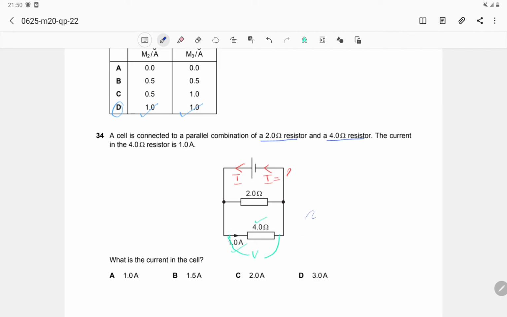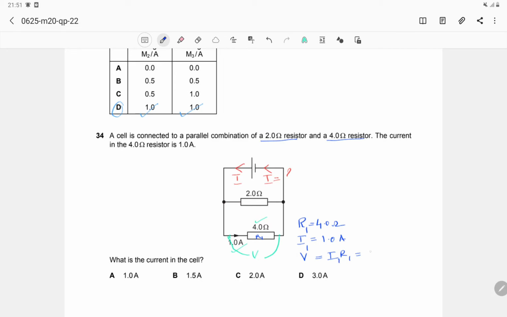For the 4 ohm resistor we have the resistance, that is 4 ohm, and the current passing through this resistor, let it be I1, which is 1 ampere. So with R1 and I1, you can find the voltage across the 4 ohm resistor: V is equal to IR.